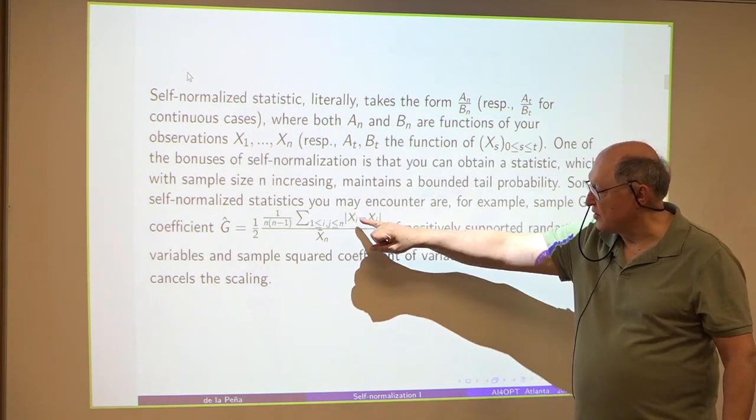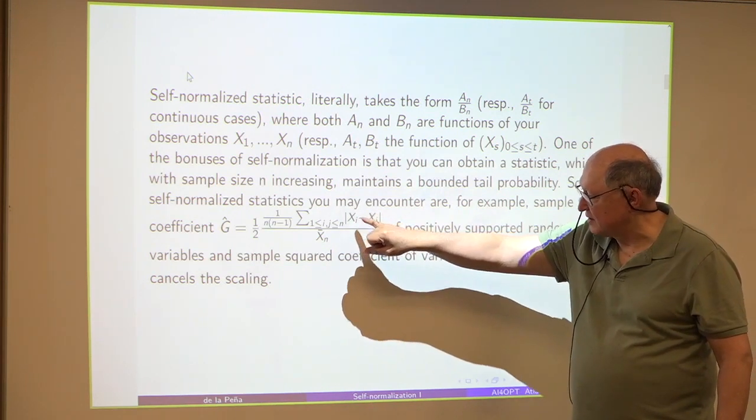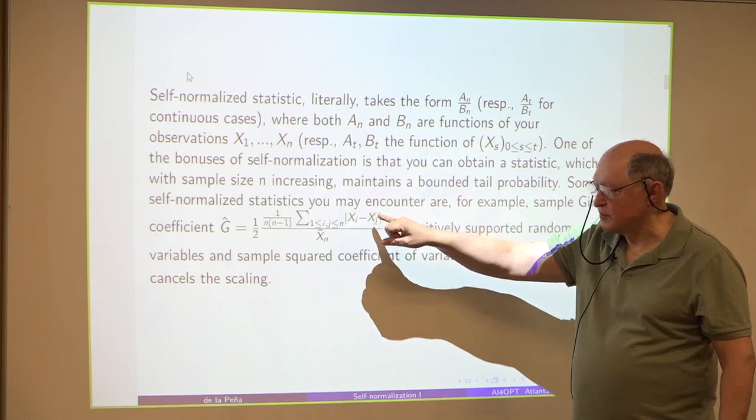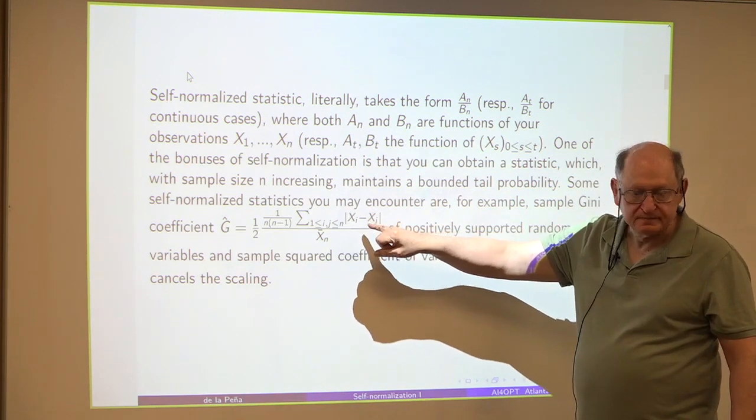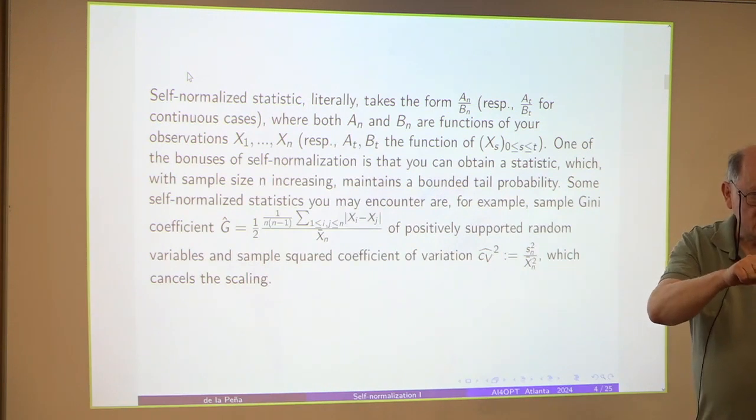If they are all different, then the ratio, believe it or not, is bounded by 1. So the Gini coefficient is between 0 and 1.